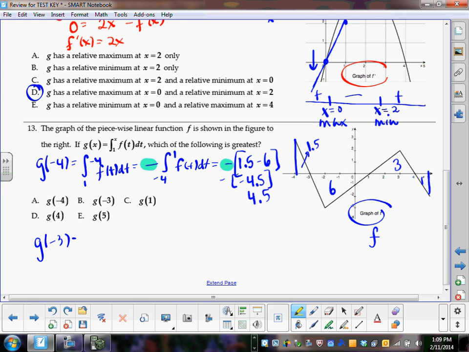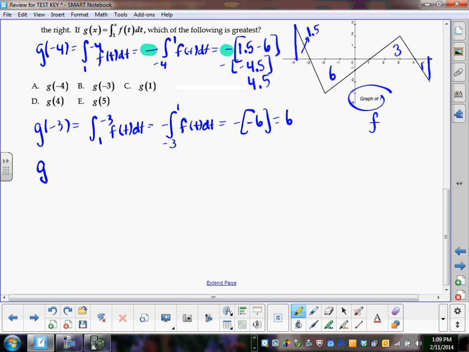Okay, g of negative 3 is the integral from 1 to negative 3 of f of t dt, which is negative of the integral from negative 3 to 1 of f of t dt, which is negative of negative 6, or 6. G of 1 is the integral from 1 to 1. Doesn't even matter because that is always 0.